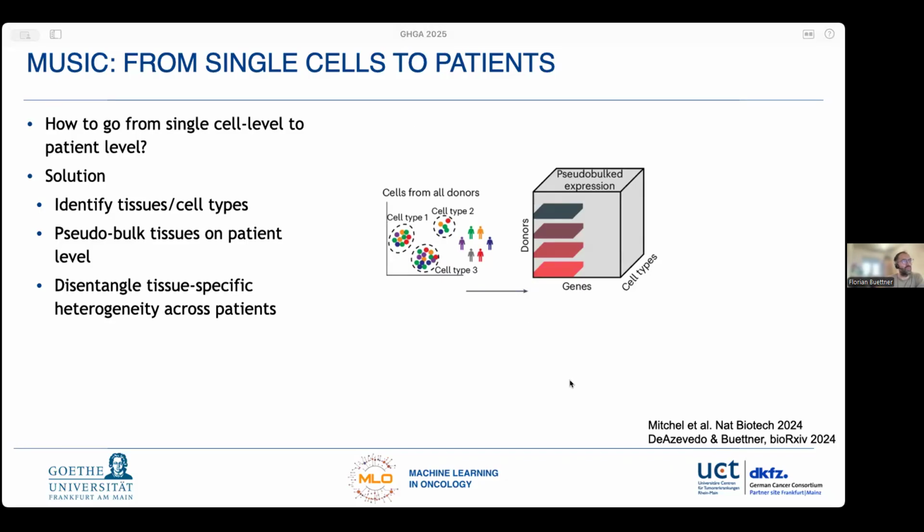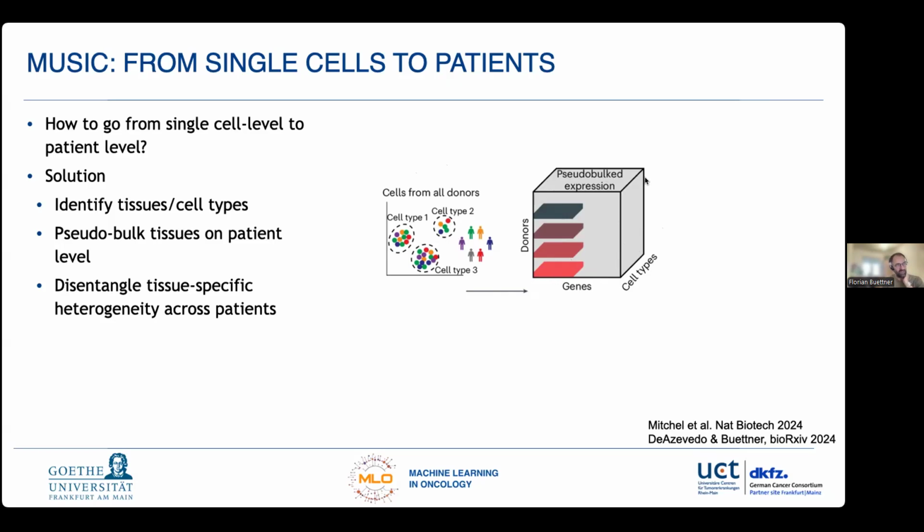So the way that works would be to say, okay, I have cells from a whole lot of donors, and for a given donor, I take all cells from a cell type and pseudo-bulk it. Then I can take this representation of my data and put it into a tensor. In my tensor, I have my individual donors as the rows, my columns would be the individual genes, and my third axis would be the cell types.